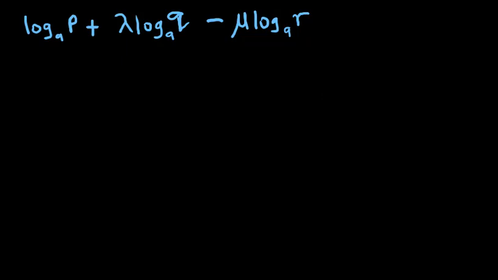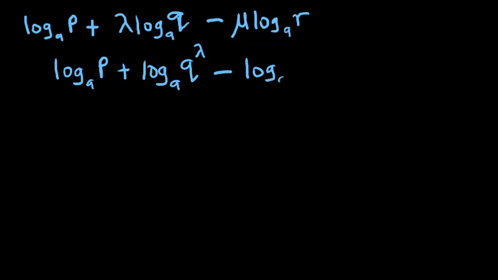Simplifying this, we have log A P plus log A Q raised to the power lambda, minus log A R raised to the power mu. Since this is positive, it simply means the terms will multiply, P and Q will multiply.